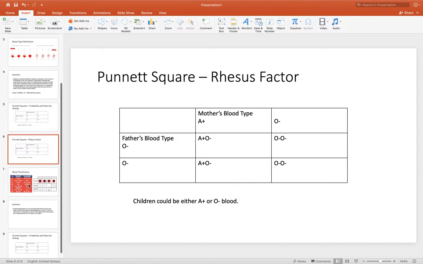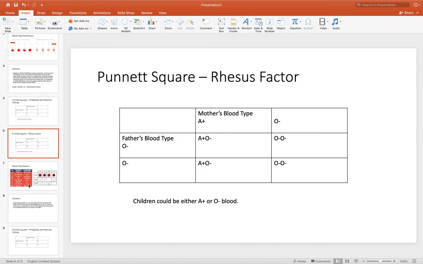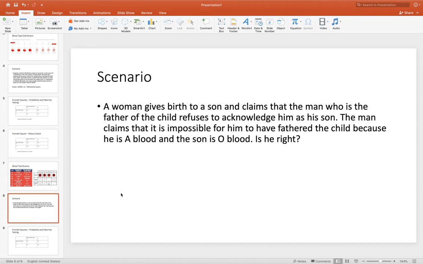Alrighty, guys, so you guys are going to have an opportunity to do different types of scenarios and different types of Punnett squares. So if a woman gives birth to a son and claims that the man is the father of the child, the man refuses to acknowledge him as a son. He claims that it is impossible for him to have fathered the child because he is A blood and the son is O blood. Is he right?